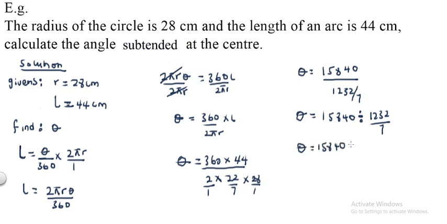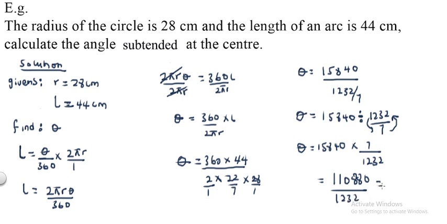15840 times, if I change it to times, I'll flip the denominator and the numerator, so that this becomes 7 over 1232. This will now be equal to 15,840 times 7, which is 110,880, divided by 1,232.